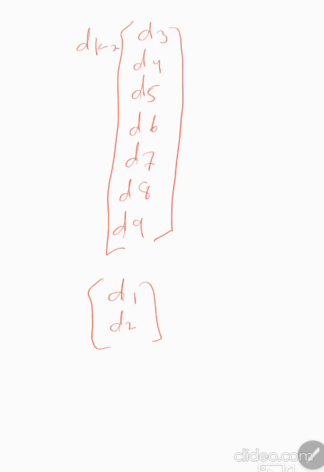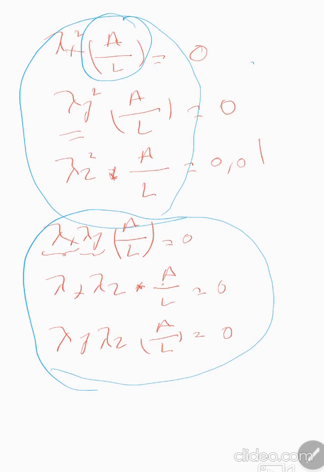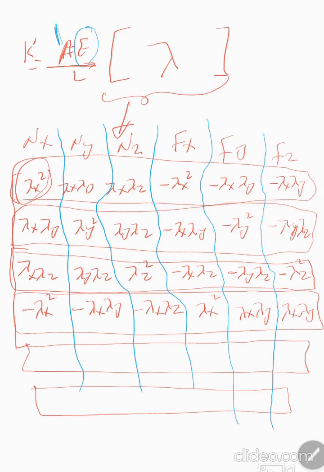So to make it easy to get a value without any confusion, just put this value A over L inside the matrix, because we have a different value of A and also different length for each member.